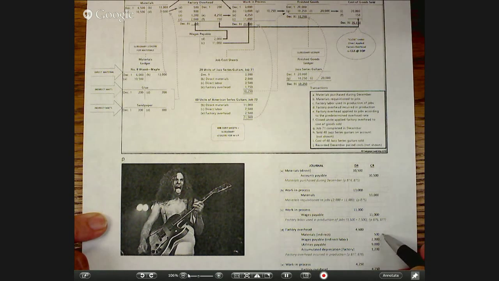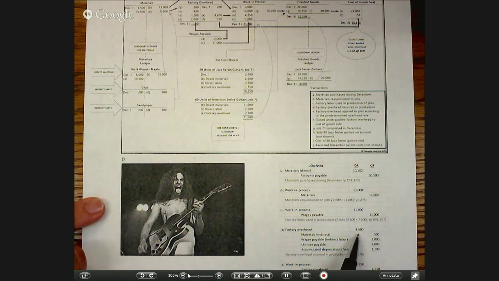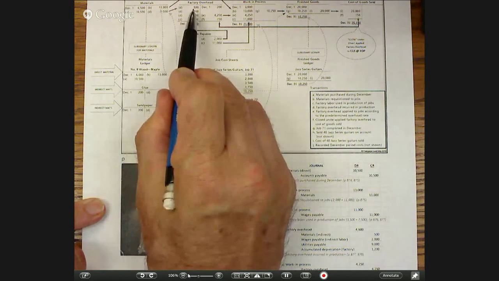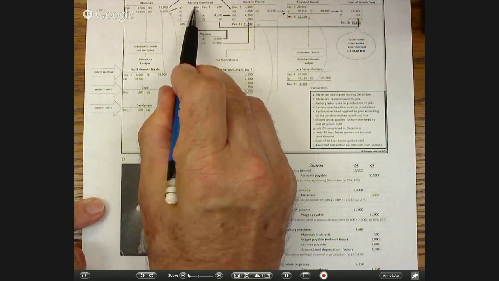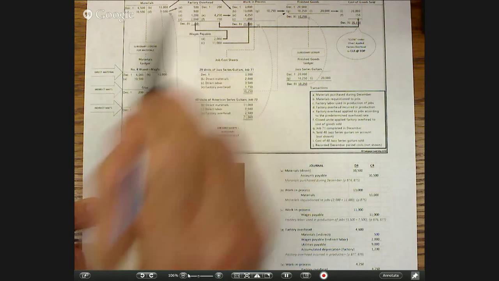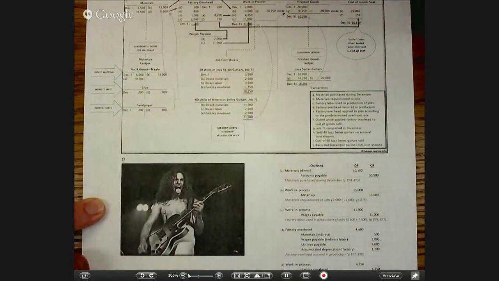The total of the materials, indirect labor, utilities, and depreciation for the month of December totaled $4,600. So that is the amount by which factory overhead would be increased. And you can see here in the factory overhead account that the indirect materials, wages, and depreciation have been charged to the factory overhead account.